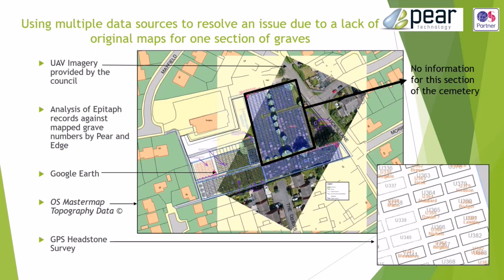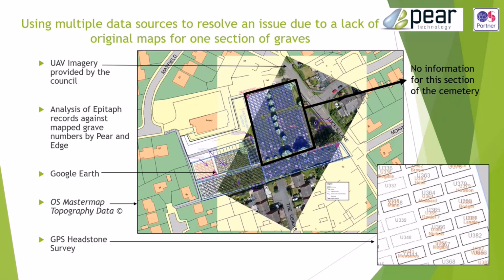Here's an interesting project we worked on over the last year or so, where we pulled together data from a number of sources, and there's a big challenge here where there was a lack of information in some of the areas. So what we've done, we've worked from the scanned maps, we've digitized as much information from those as we can. We've then obtained, or the council rather, has obtained some drone imagery, which we've brought across into our system, which has helped us to verify some of the details and the location of the graves.